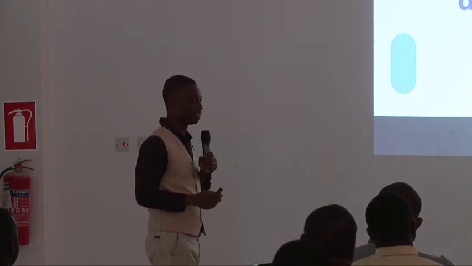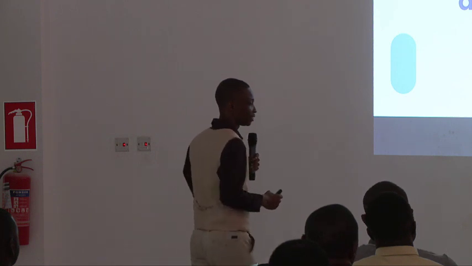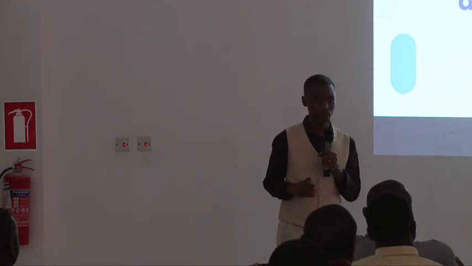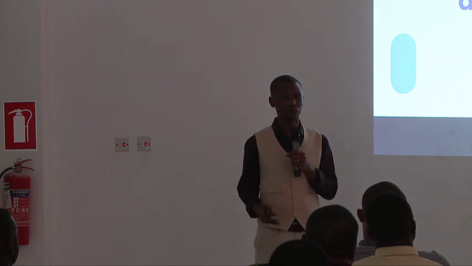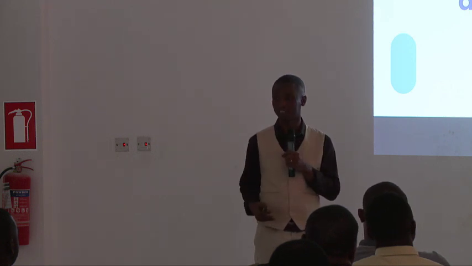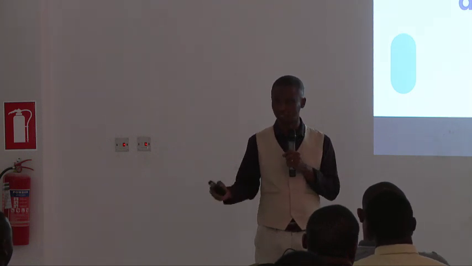So disability, according to Mohammed, is not the problem, but accessibility is where the problem is. So if we know that there are 2 billion people around us who have some form of disability, then it's not the disability which is a problem if they cannot do things in the environment.